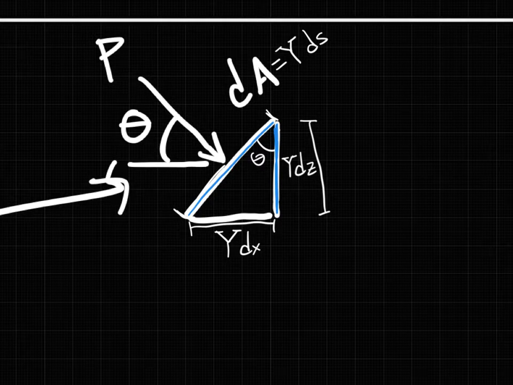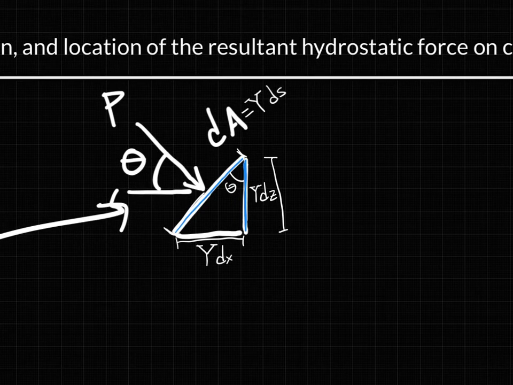So what we want to do now is define the differential force on this little sliver as P times dA. At a small enough scale, we're going to split it into two directions and deal with it from there.